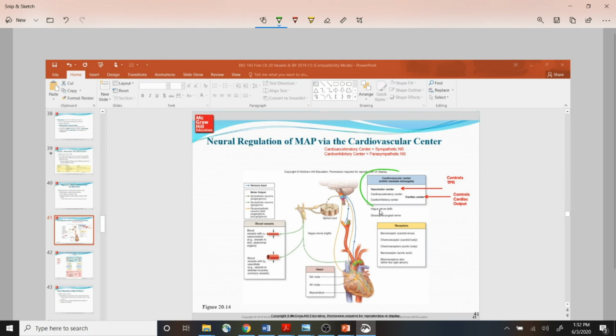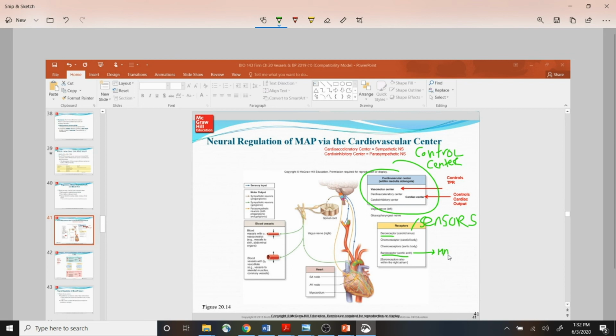So this is your control center, but your control center needs to know what's happening. That's why you have these receptors or sensors around your body that can sense blood pressure, or the level of oxygen or carbon dioxide. Baroreceptors in your carotid sinus, as well as your aortic arch, can sense blood pressure. We're going to talk about those next.